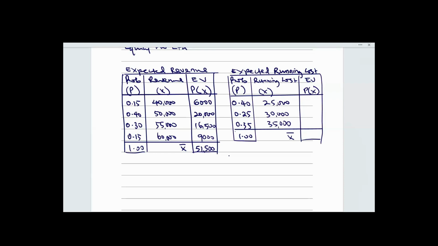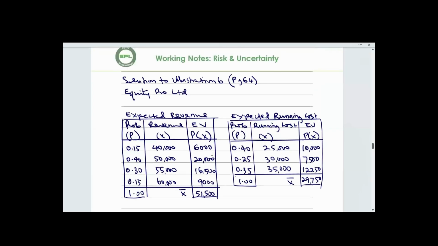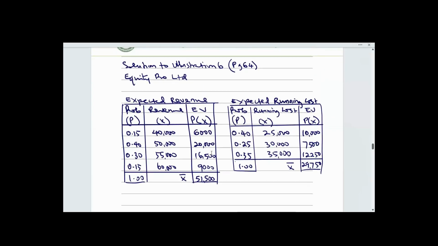Then 7,500. Then 12,250. That's 29,750. So now that we have computed expected revenue and expected running cost, we can proceed to calculate expected NPV.